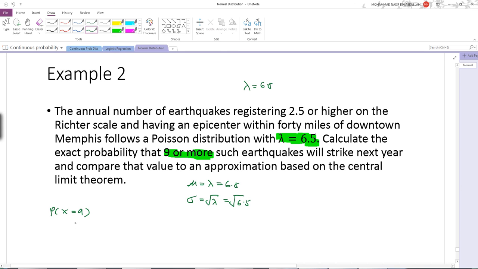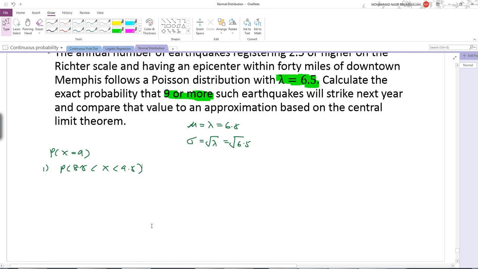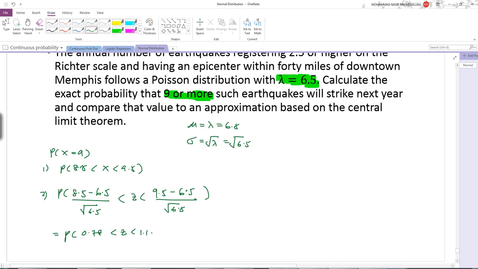First step, apply continuity correction: the probability of 8.5 to 9.5. The next step is we convert to Z distribution: 8.5 minus 6.5 divided by the square root of 6.5, and 9.5 minus 6.5 divided by the square root of 6.5. Then we get z of 0.78 and 1.18.